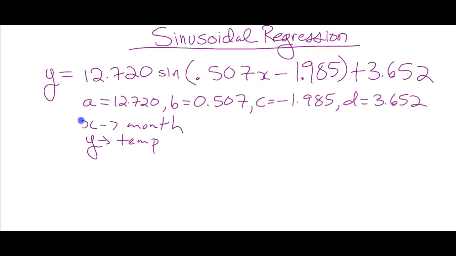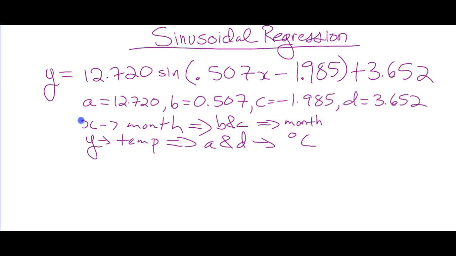Of A, B, C, and D, which ones are the y values? 2 of these are y's and 2 of these are x's. Which ones are y's? A and D, right? So therefore the x's are B and C. If I'm talking about anything to do with A or D, then I'm going to use degrees Celsius. These are temperatures, so A and D are in degrees Celsius, and B and C are in months.